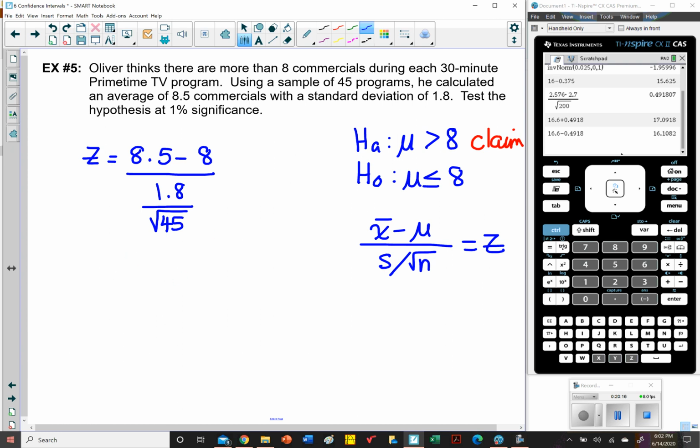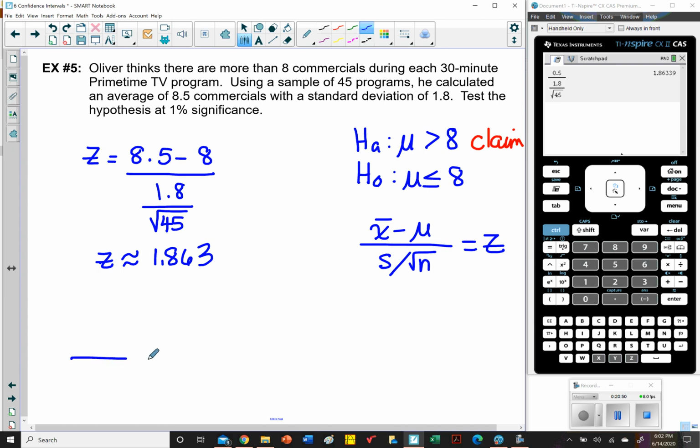So let's do that calculation. 8.5 minus 8 is a half, and we're dividing that by 1.8 divided by the square root of 45, which is 1.8633. So our z statistic is about 1.863.